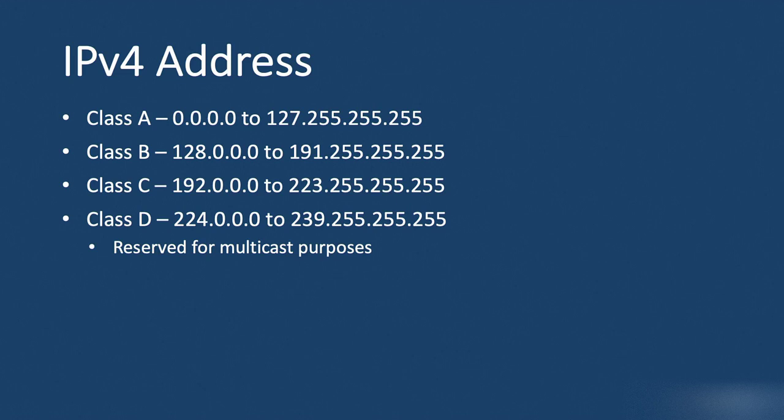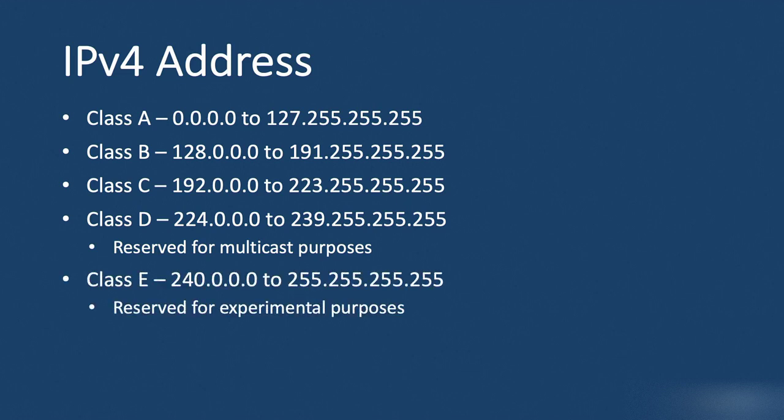The entire Class D range is reserved for multicast purposes. And the last one is Class E, which starts from 240.0.0.0 to 255.255.255.255. The whole of Class E is reserved for experimental purposes.